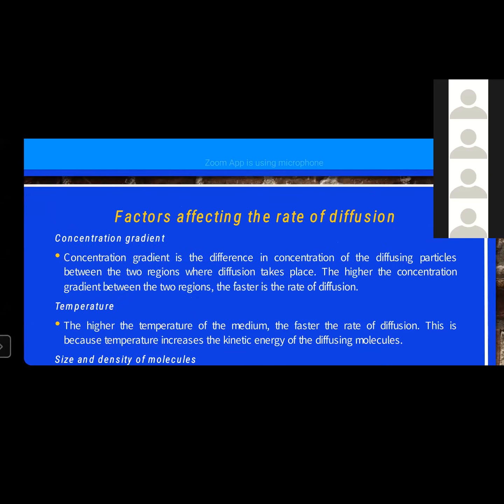Okay, how about the size and the density of the molecules? Yes, please. I think they need to get a difference between explaining and the how. How does temperature affect? Increase in temperature results in an increase in the rate of diffusion.